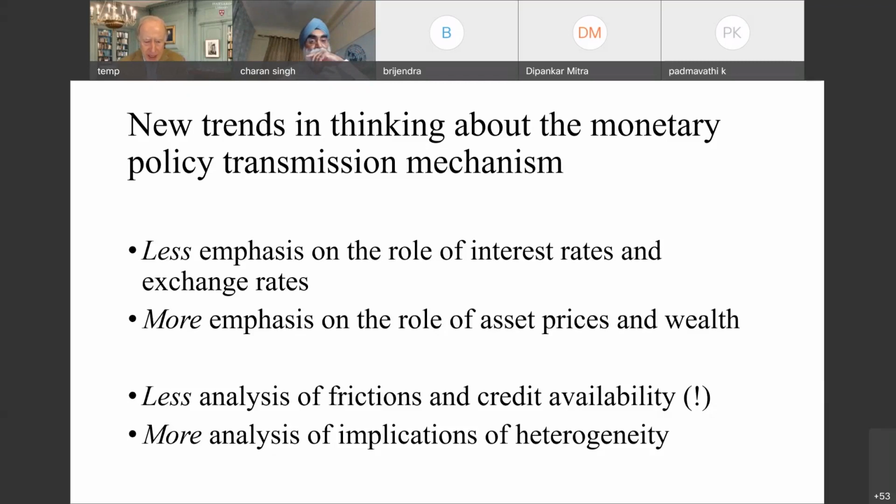Now, this may itself be a reflection of the fact that we've been in a protracted period in which, in the wake of the financial crisis, in countries like mine, nominal short-term interest rates have been at or very close to the floor of zero, and therefore there simply hasn't been very much action in interest rates to look at.